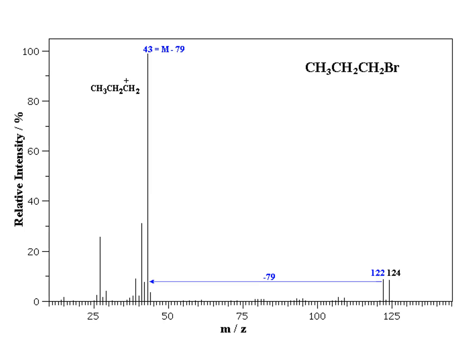If we focus our attention on the molecular ion 122, we see that with the loss of bromine 79, we will create a fragment that has a mass of 43. In this particular spectrum, that fragment is actually our base peak because it is the fragment that has the highest relative abundance.